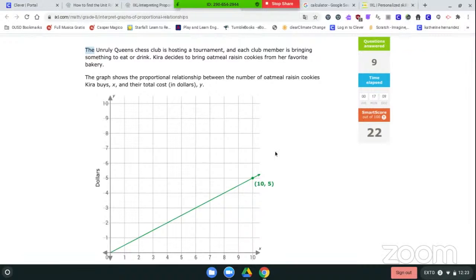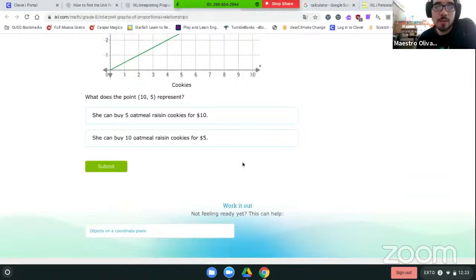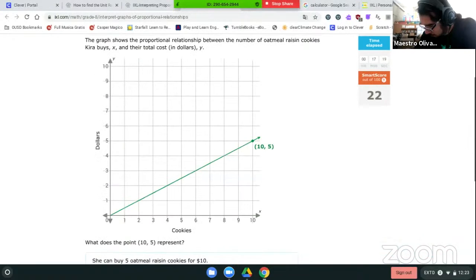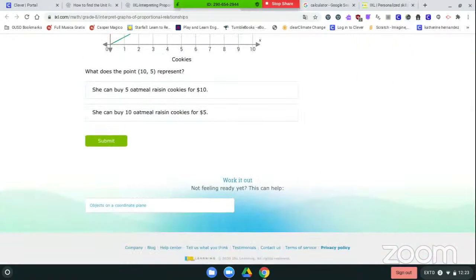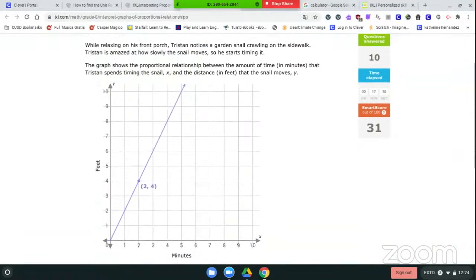Pues unos $5 dice. Okay. So, ¿cuál es de los dos? ¿5 galletas por $10 o 10 galletas por $5? 10 galletas por $5. A ver. Nice.